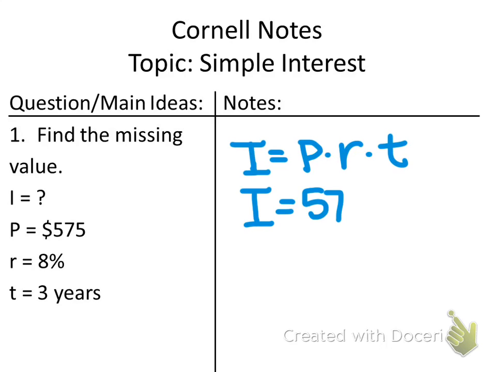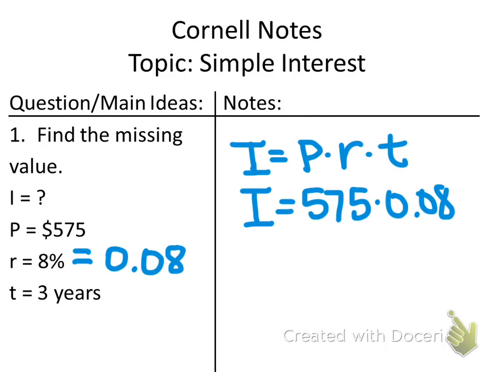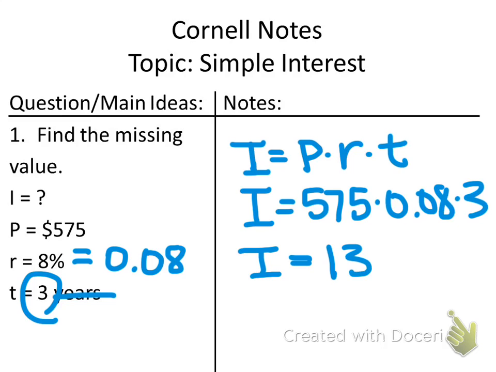P is 575. Now I have to change my rate to a decimal, so I'm going to change it to 0.08. And then my years, take that off, so it's just 3. When I multiply these numbers, I find that my interest is $138. So the interest paid is $138.